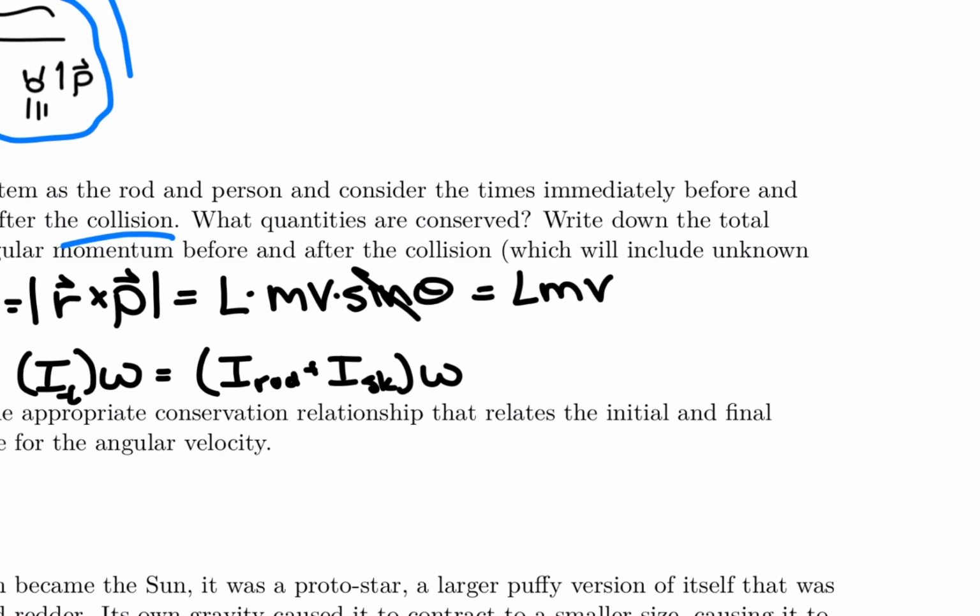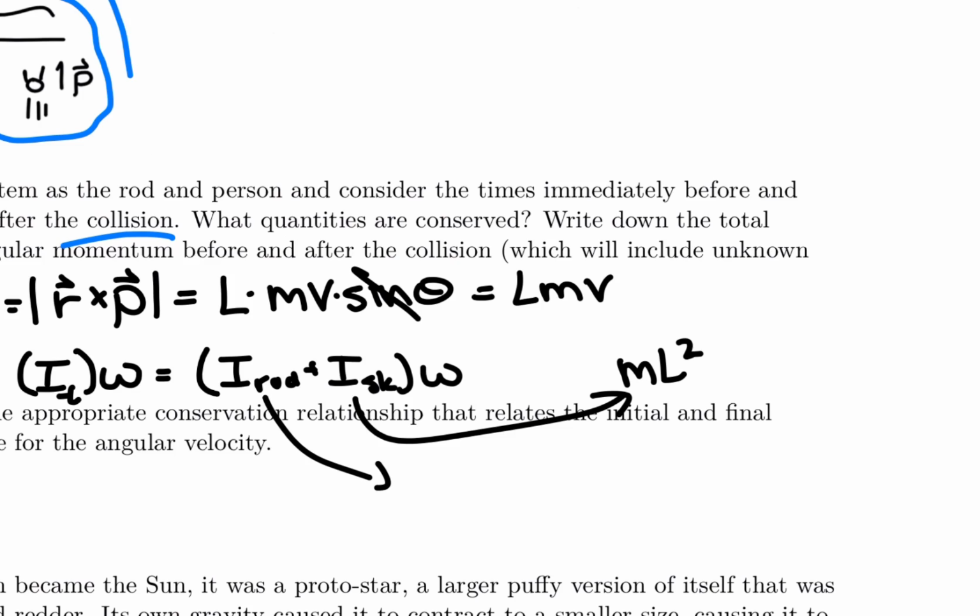The skater's rotational inertia is just mL squared, because it is a point particle. Point particles are defined with their rotational inertia as their mass times the length between the axis of rotation and their location, squared.